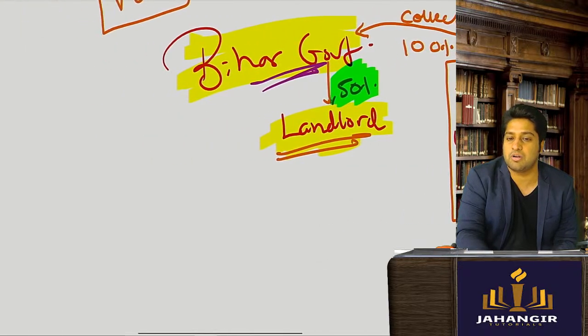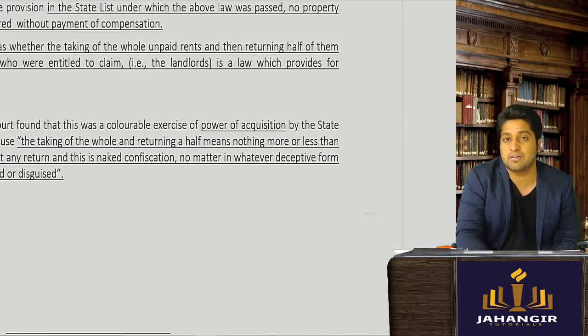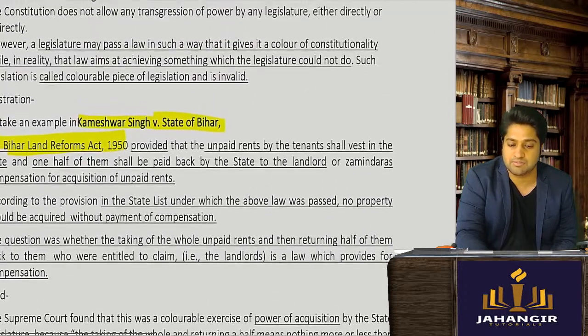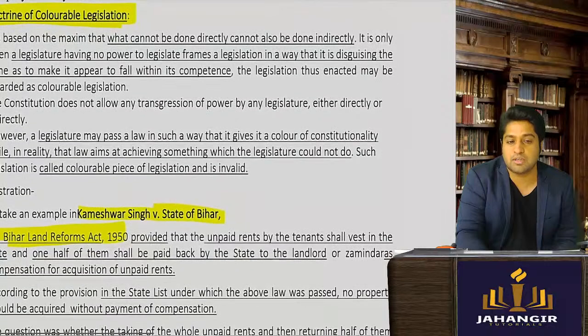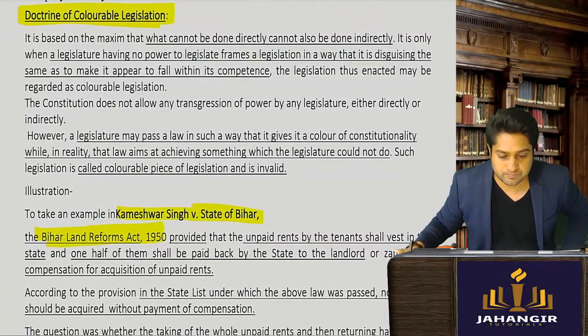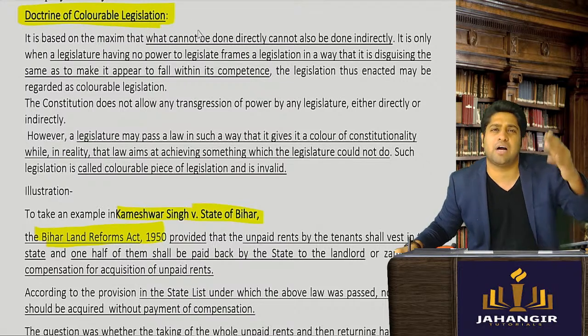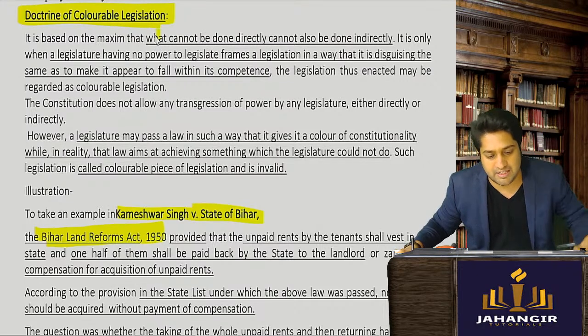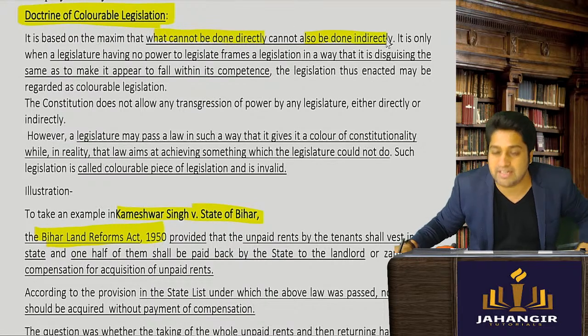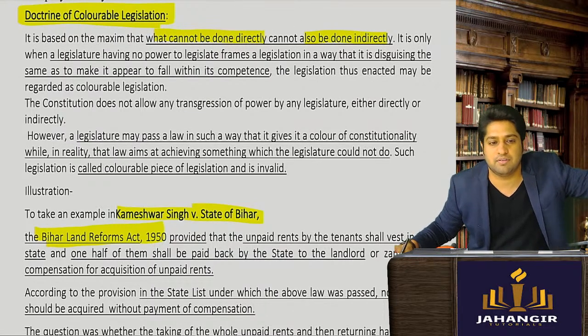So under the color of acting beneficially to the landlords, you are actually doing something more harmful to the landlords. It is based on the maxim that if you can't do something directly because the law does not allow it, don't try to do it indirectly under the color of being valid.